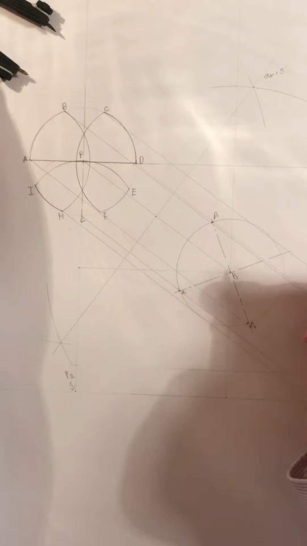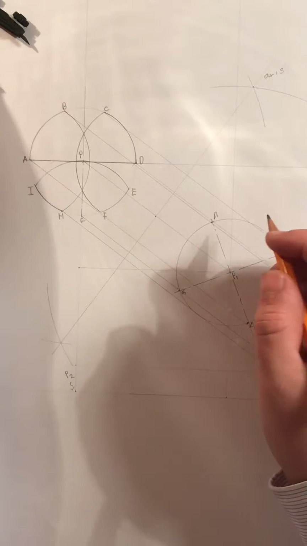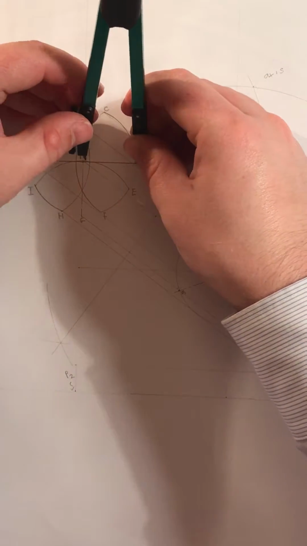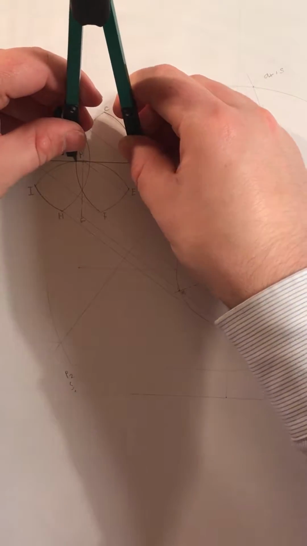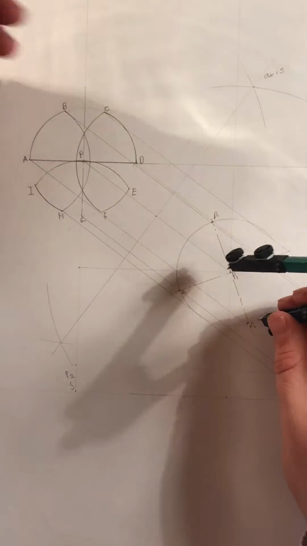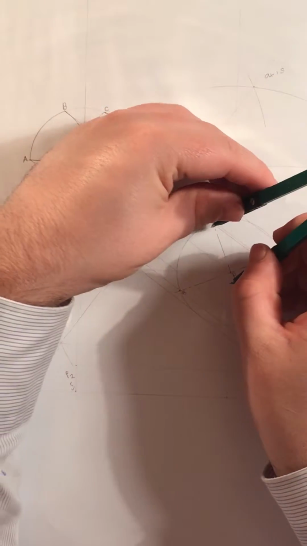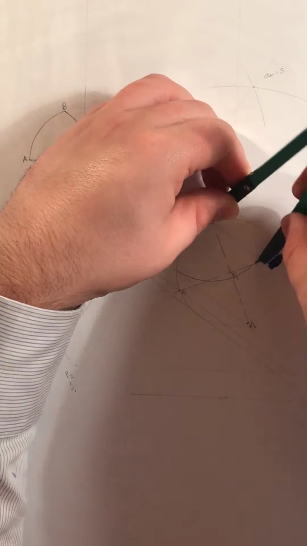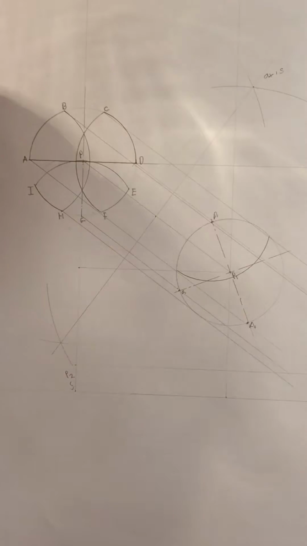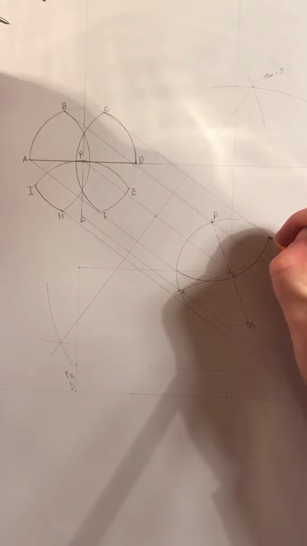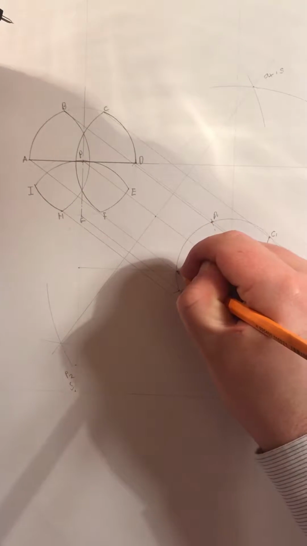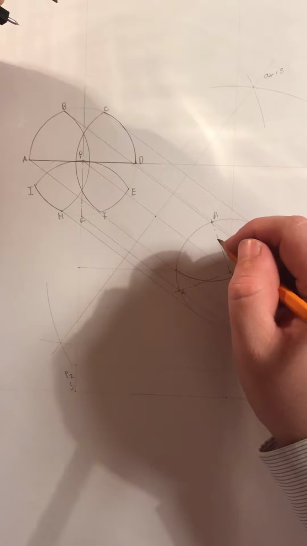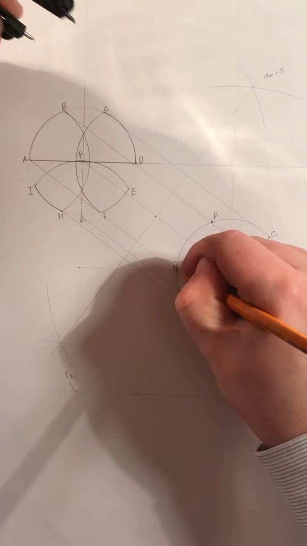Right, okay, and now we're just going to lay out the logo again. So I'm going to take the radius here. Okay, that was 35. I'm going to put it from D. And these 2 points are C1 and F1 there.